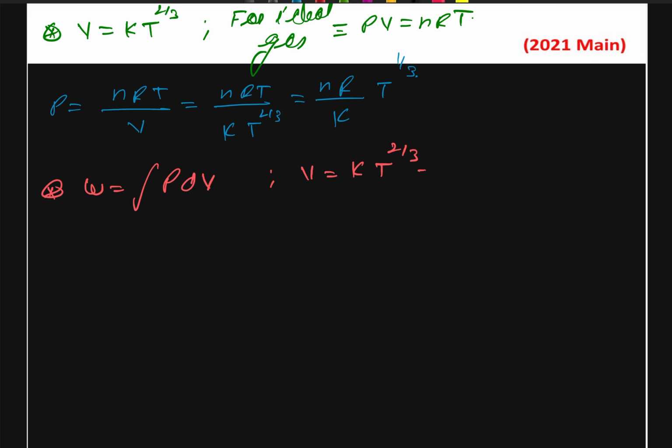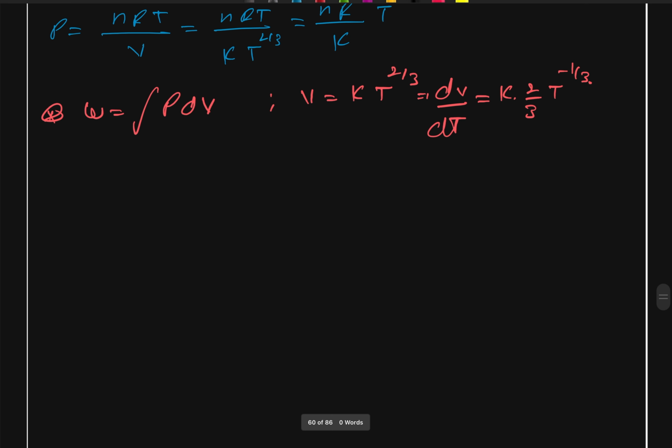So we differentiate it, we get dV upon dT is equal to K times 2 by 3 times T raised to power minus 1 by 3. Therefore from here we can say that dV is equal to 2K by 3 times T raised to power minus 1 by 3 times dT.